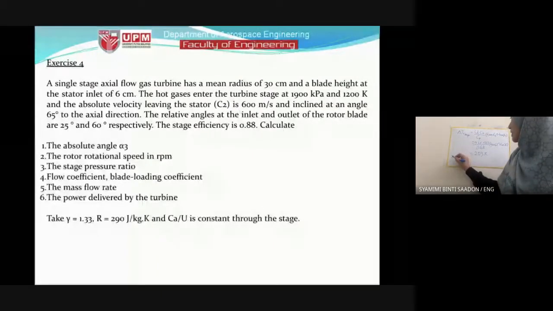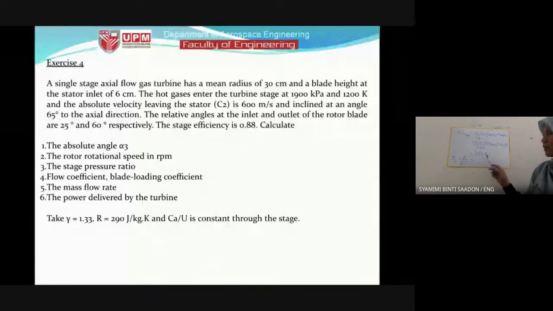And then the stage pressure ratio, P total 1 over P total 3. Since we have the temperature, we use the isentropic definition between the pressure and temperature. Because we have the stage efficiency of 0.88, the efficiency of the turbine, we use that definition, which relates the pressure and temperature.